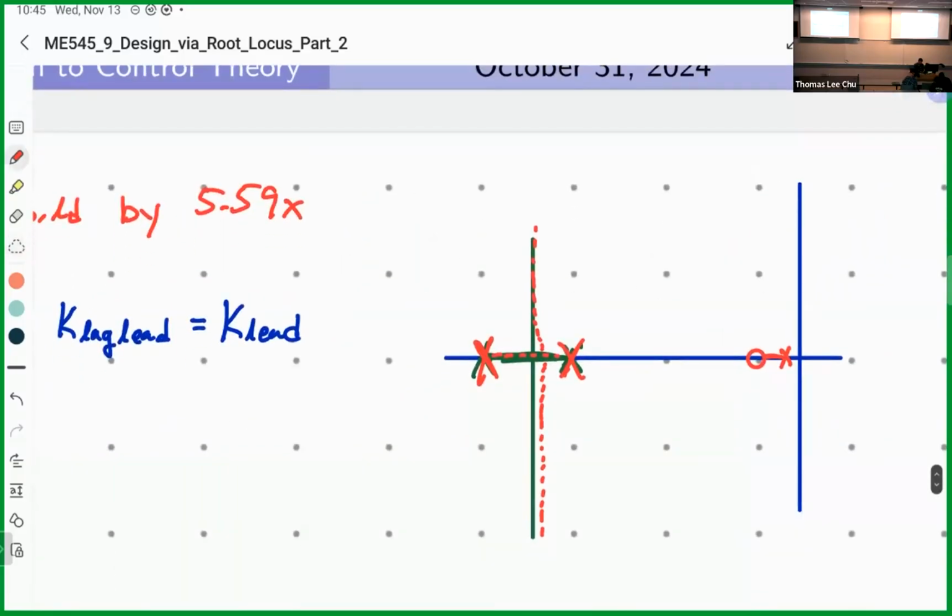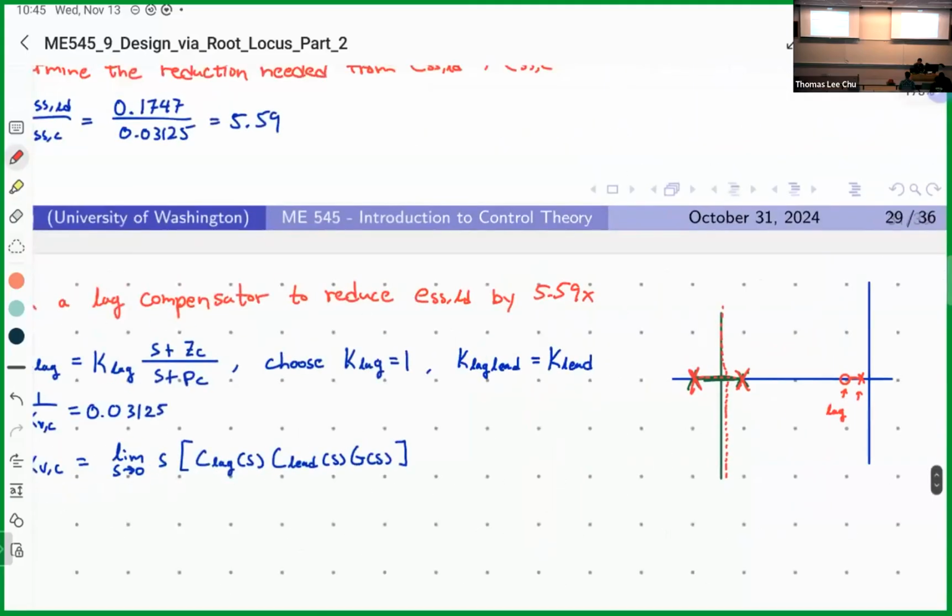The red has the same poles as the green, but now it has an added pole at 0 right there, and that's our lag compensator. The main property of a lag compensator is that we maintain our root locus shape.